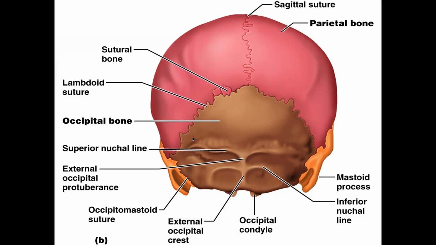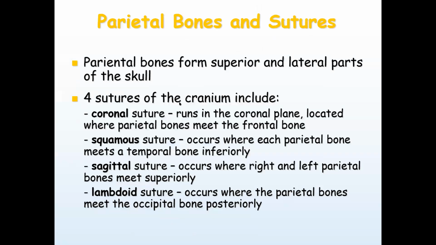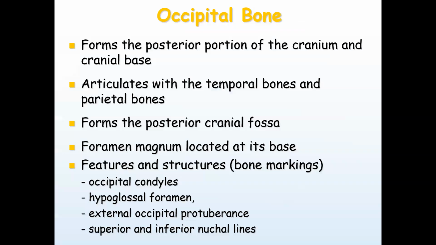The lambdoid suture, remember, is between the occipital bone and the parietal bones. And once again, just like the coronal suture, it runs all the way across. So that's one suture running this way. All right. So please remember the major sutures, okay? Remember the bones that they make up or that they join together.